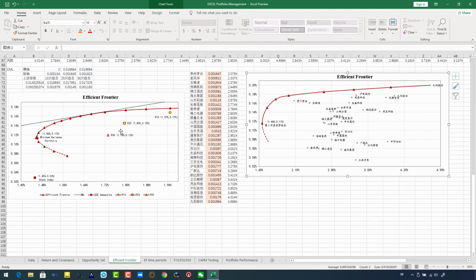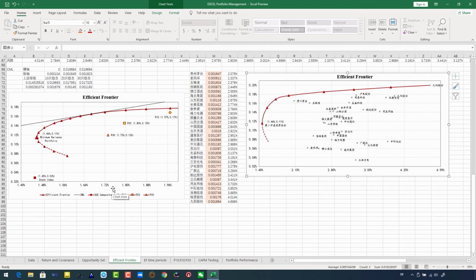Comparing the results, we know that the 10 stock portfolio has the highest expected return, but the standard deviation is much higher. It's quite close to the point on the efficient frontier. And the 30 stock portfolio has the lowest expected return and standard deviation.